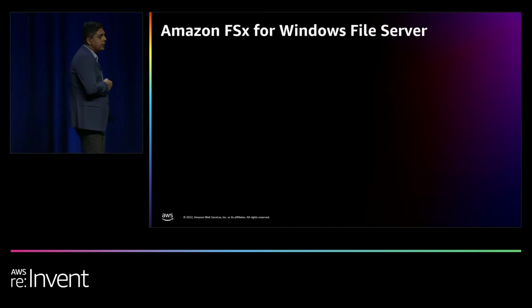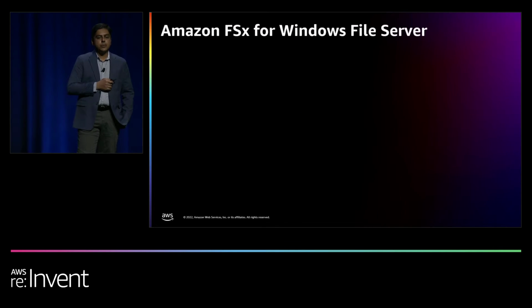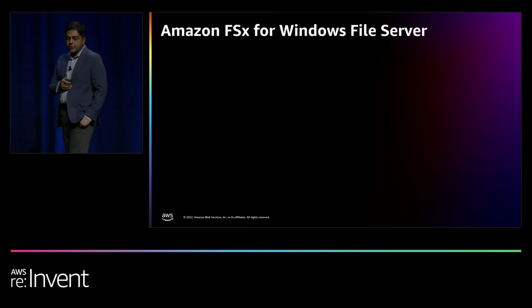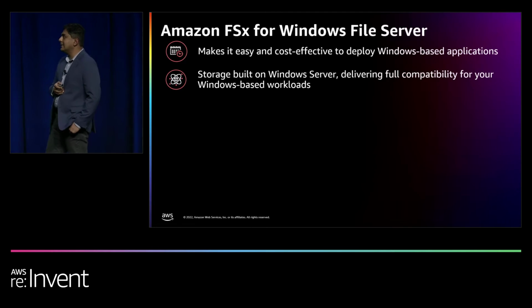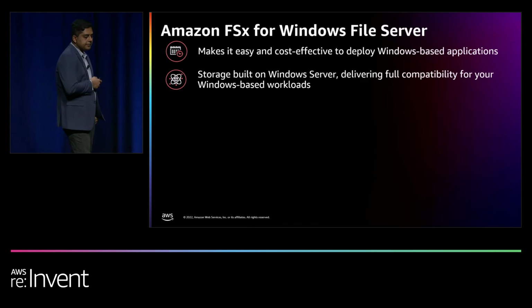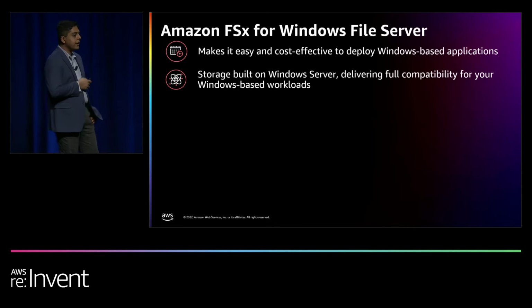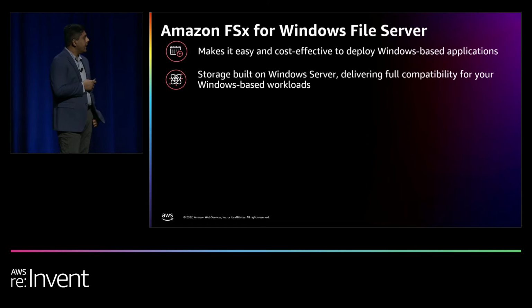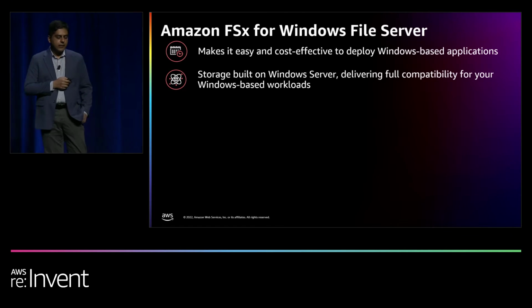So let's dive into each of the file system options that we provide on FSx a little bit now. Let's start with FSx for Windows File Server. This service makes it easy and cost-effective to deploy Windows-based applications. It provides storage that's built on native Windows Server, delivering full compatibility and direct migration capabilities for your Windows-based workloads.